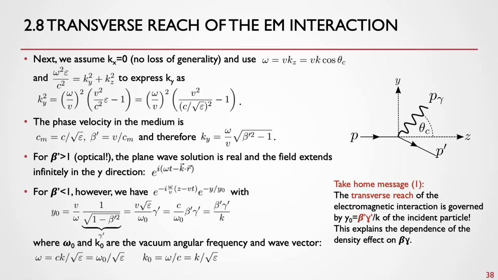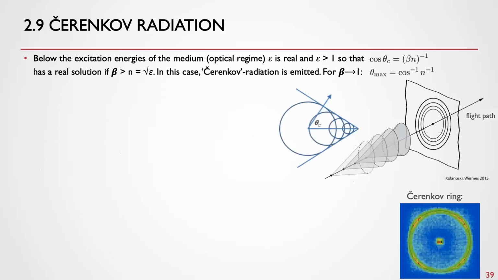Okay, so now we do understand a little bit more about electromagnetic radiation created by a particle that goes through the medium. Let's look at the boundary in between that I alluded to at the end here.